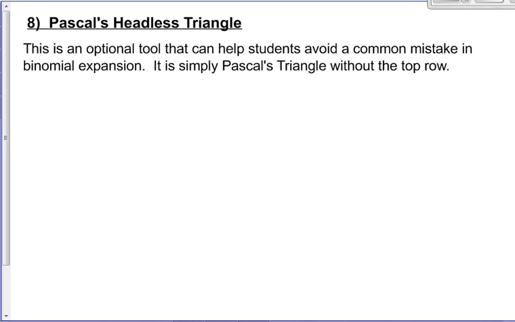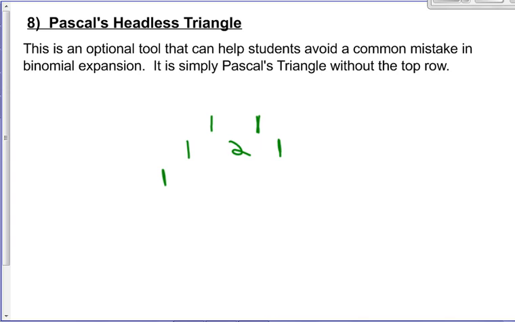Okay, before we go there, I just want to show you this cute little tool that I like to use called Pascal's Headless Triangle. And it's really just Pascal's triangle starting with this row, with the 1, 1, without the top row. So it goes 1, 1, and then the next row is going to be 1, 1 plus 1 makes 2, 1. 1, 2, 1. And we just keep going.